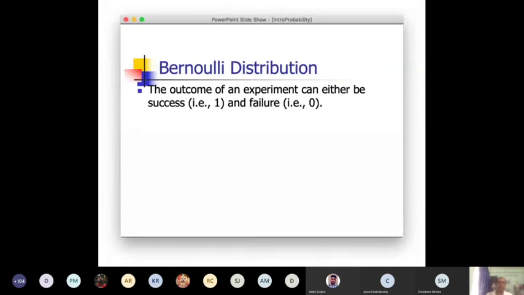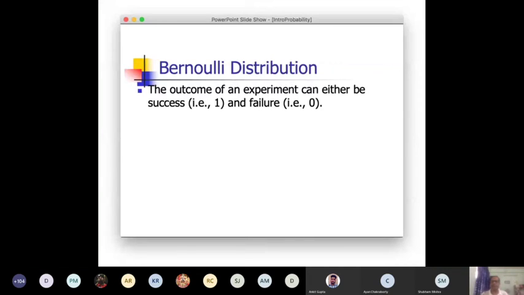So here, one of the distributions is known as the Bernoulli distribution, and this distribution is applicable when you consider an experiment with binary outcomes, that means either 1 or 0. You can say a toss, tossing of a coin, a single toss, will have a binary outcome, say head or tail.